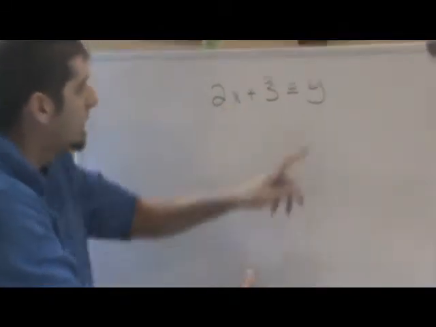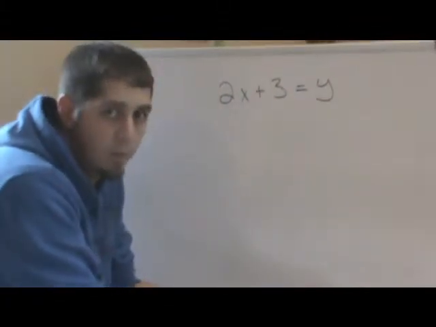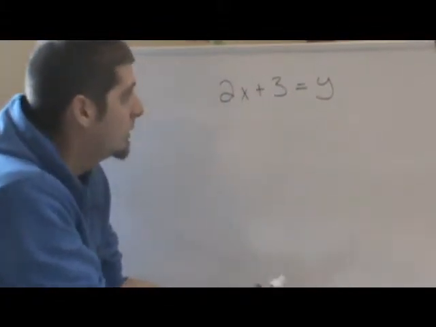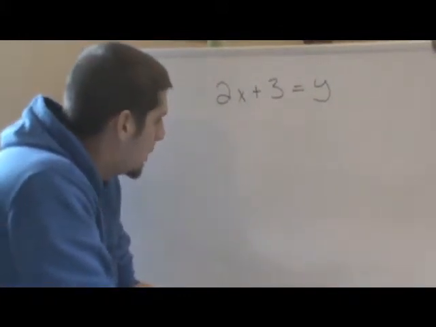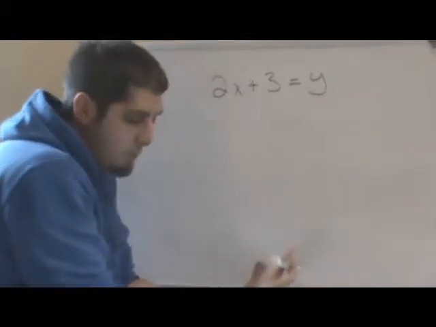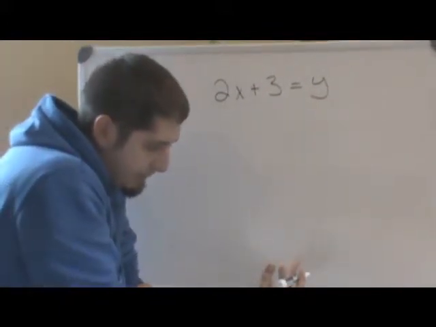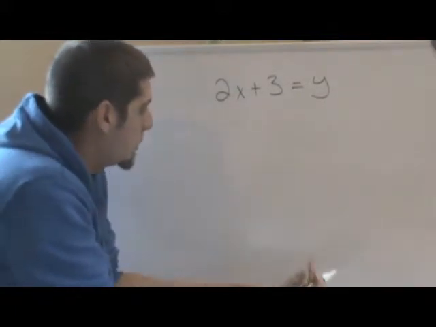And neither variable has a visible exponent because both variables have an exponent of 1. When you have an exponent of 1, you don't write it. It's invisible. So what you can do with a linear function is find any of the ordered pairs.